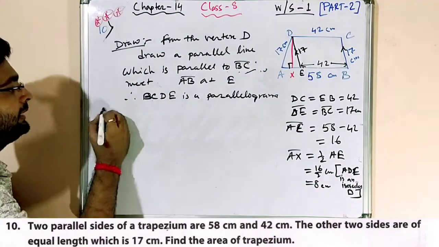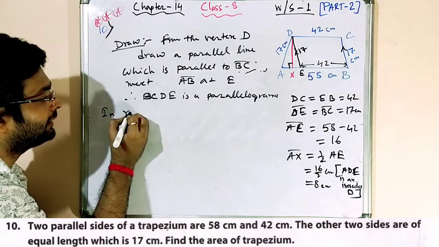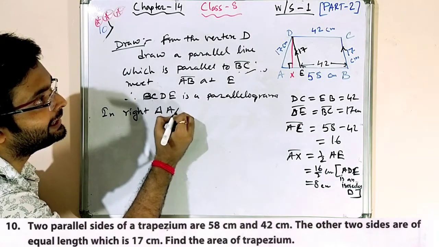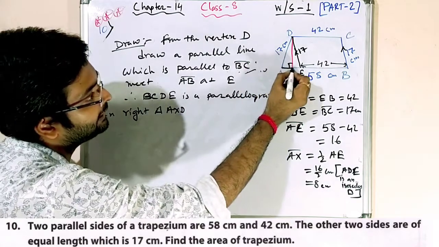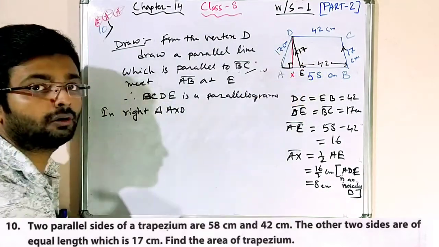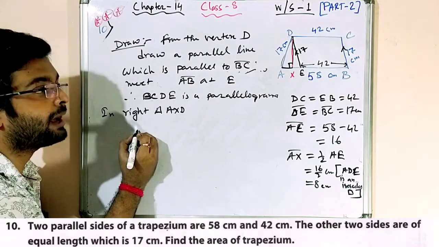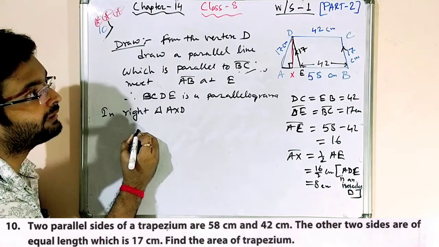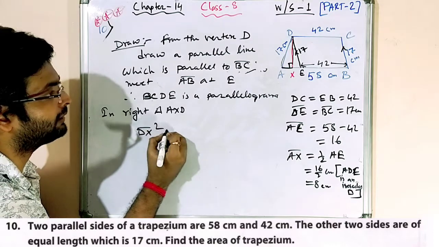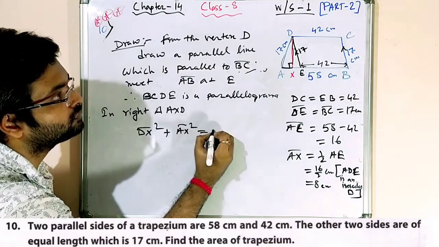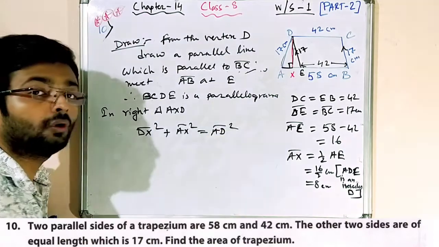After that, in right triangle AXD, this triangle, I am going to apply the Pythagoras theorem. I have to find the value of DX, so DX square plus AX square equals AD square.